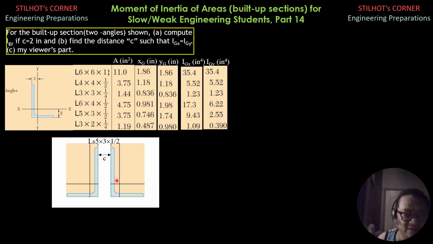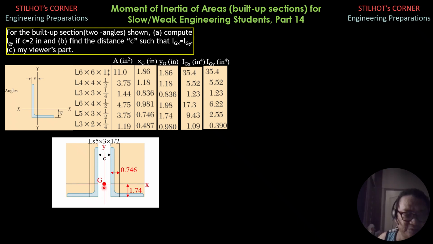The centroidal x-axis is unaffected. The centroidal x-axis of the two still coincides with the centroidal axis of the individual angle. So for part A, computing for IGY, we transfer the centroidal moment of inertia of one angle, y-axis, to this axis here.